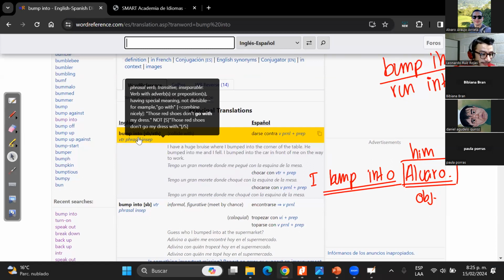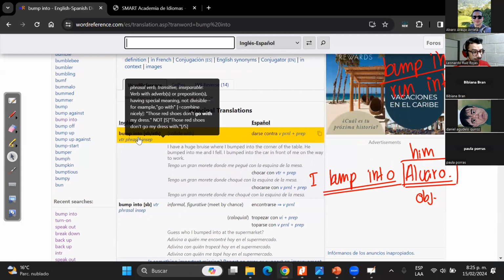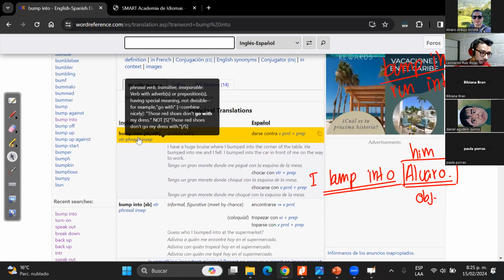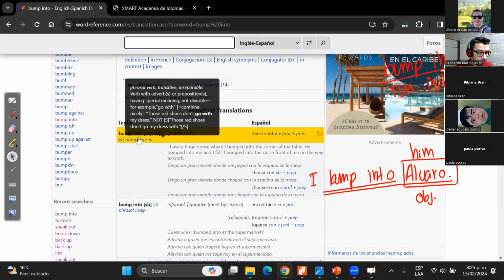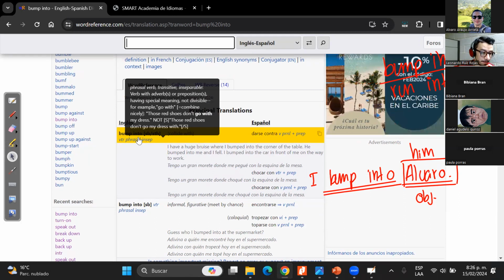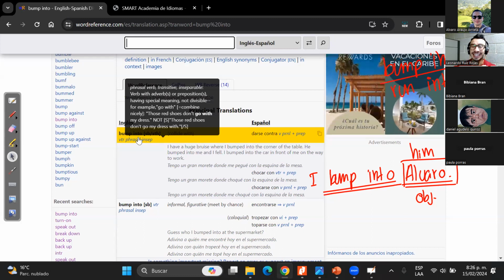Phrasal verb, transitive, inseparable verb with adverb or preposition having a special meaning, not divisible.